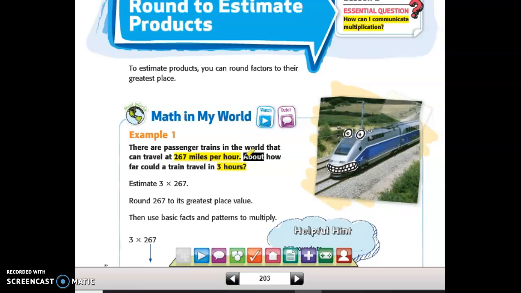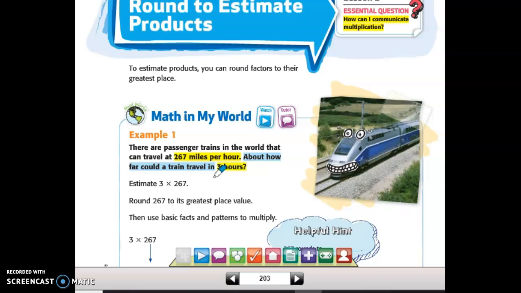And my question is, about how far could a train travel in 3 hours? And we're going to estimate 3 times 267. It'll also help us to check to determine reasonableness of our answer. We're going to round 267 to its greatest place value, and then we'll use basic facts to multiply.